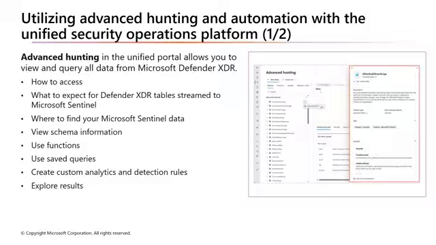Tables are organized by solution, and you can explore schema details, retention periods, and even sample data directly in the portal. Saved queries and functions are easy to find and reuse. The results can be expanded, explored, or exported for deeper analysis. This unified experience streamlines threat hunting and reduces the need to switch between your tools.